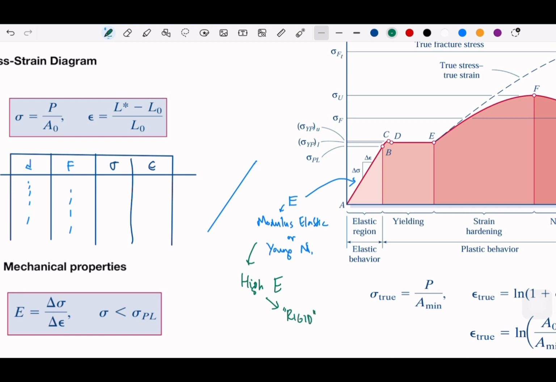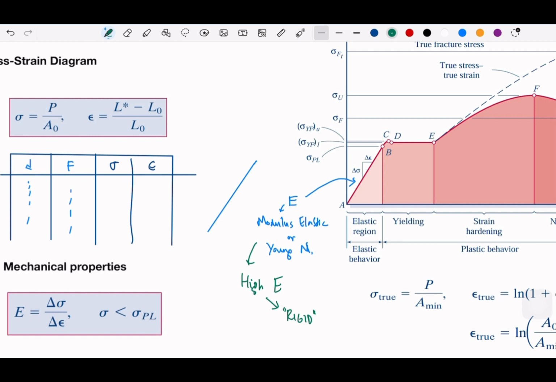I would like to say brittle, but brittle is not a good word, because you might be thinking of ceramic that easily breaks. So let's say rigid. It's going to be difficult to bend.